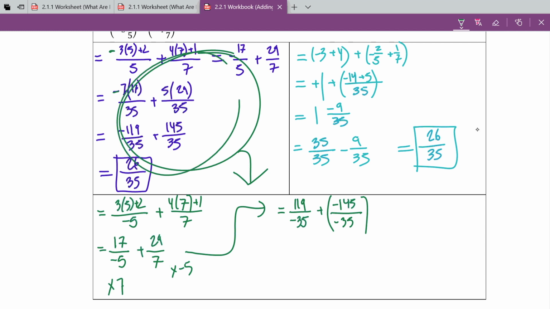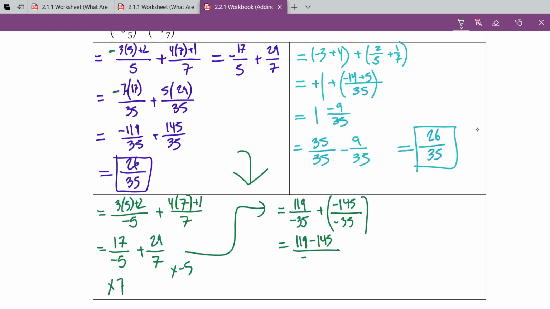On this example here, we had it at the top or in front of the overall term there. But in this case, we'll put the negative sign in the denominator. I'm just proving to you that it does not matter where it goes. We are going to get 119 minus 145 on the top and a common denominator of -35 on the bottom.